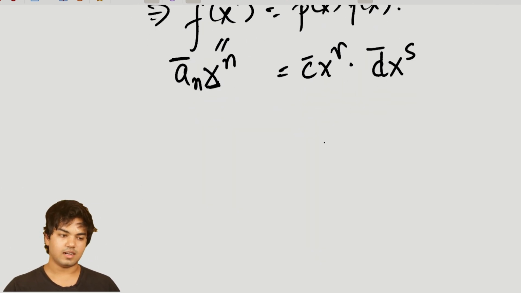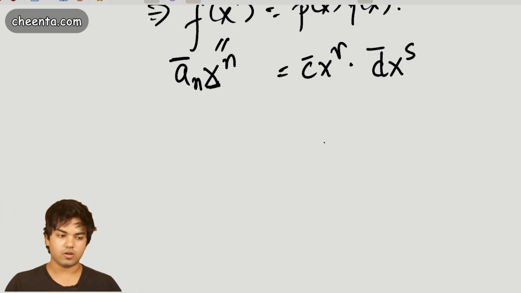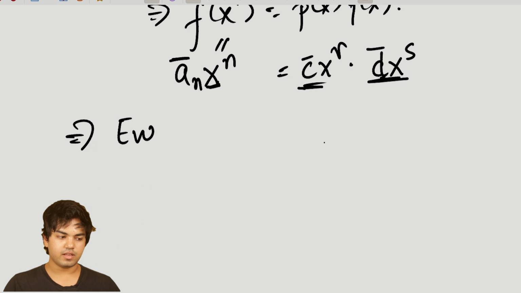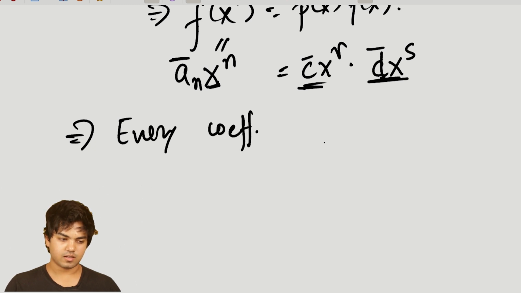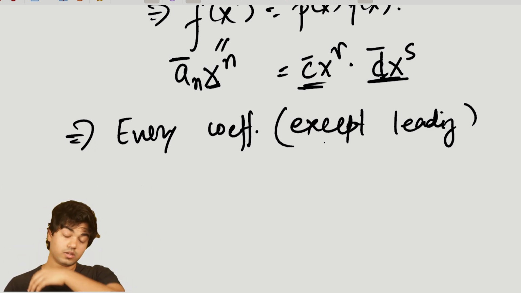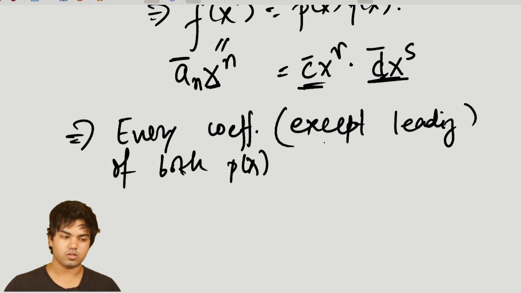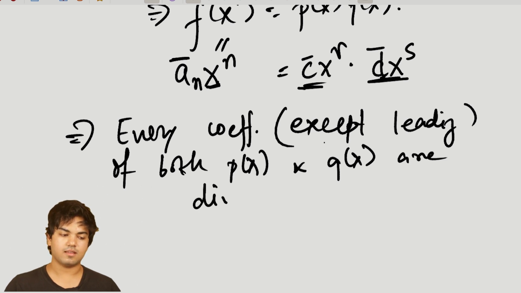So what does that mean? That whatever p(x) and q(x) were, when you reduce them mod p, they look like this. Which means every coefficient except the leading one, as in the coefficient of the highest degree term, every coefficient of both p(x) and q(x), except the leading coefficients, are divisible by p.